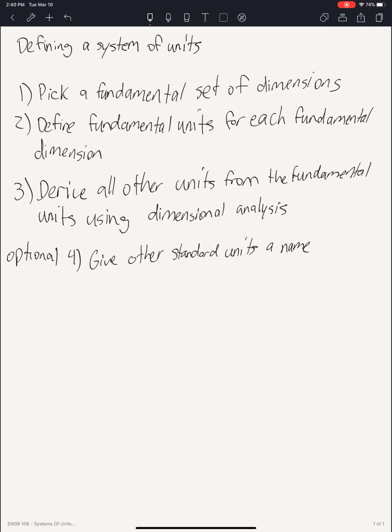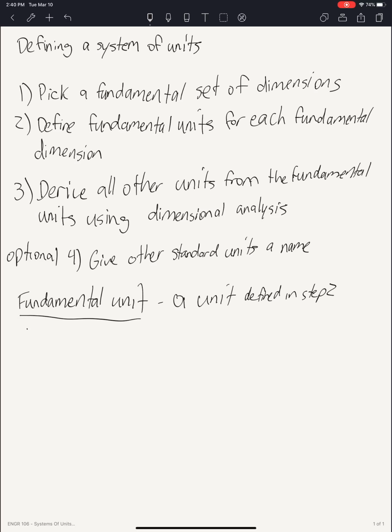Okay, so for the sake of this discussion, there's a couple words I'm going to use. If I say something is a fundamental unit, I'm talking about a unit defined in step 2.